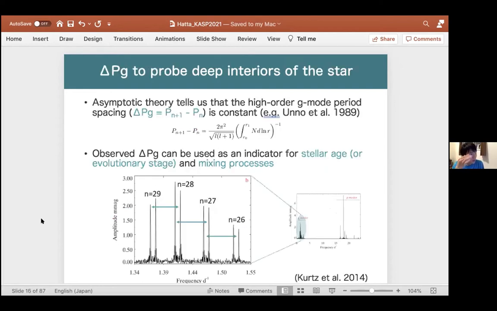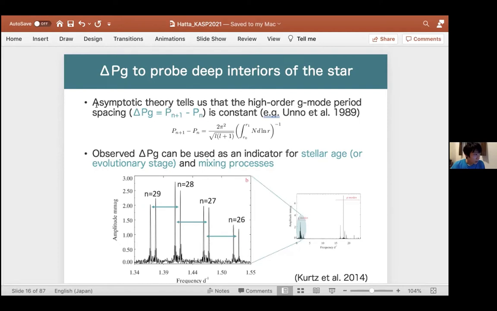Moving on to explain in more detail. In step 1, we especially focus on the so-called g-mode period spacing, or ΔPg. This is one of the most important asteroseismic parameters, which enable us to probe deep interiors of the star.